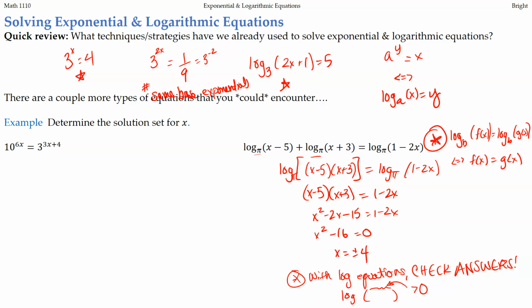Okay, so I'm going to check in my original equation. If I put in positive 4, do I get something that's positive inside? No, this first one, right? If I put in 4 here, I get minus 1, so that's not going to work, so positive 4 doesn't work. And then when I check negative 4, well, that doesn't work either. So this one is actually no solution.